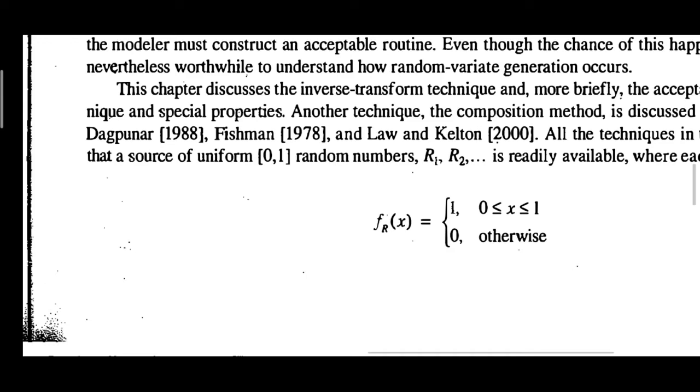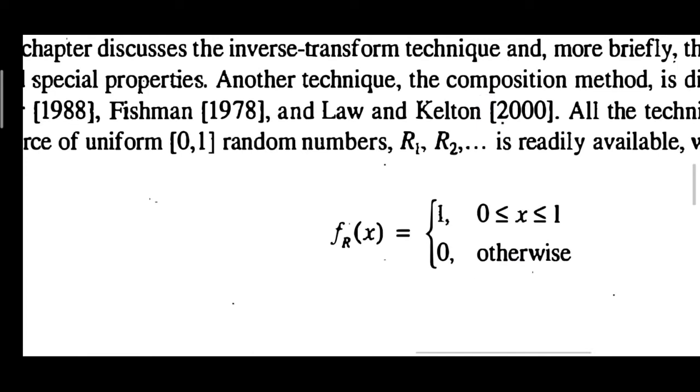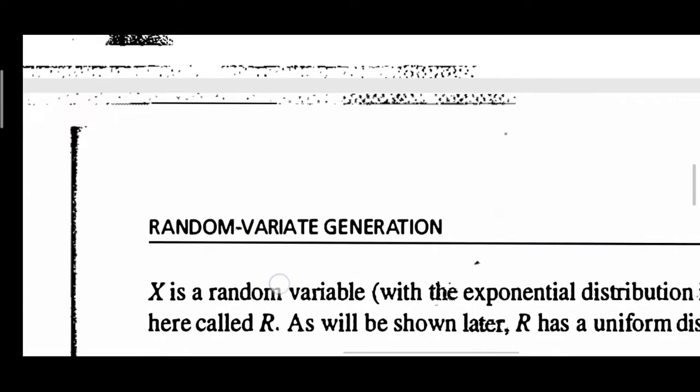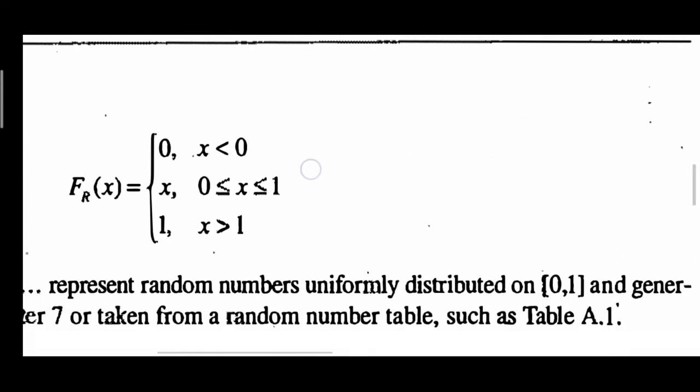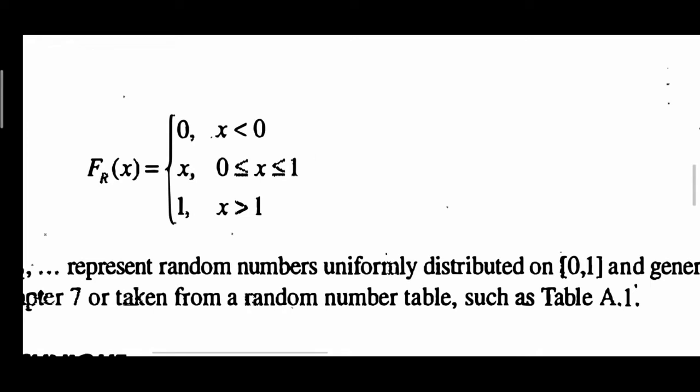If the value of x lies between 0 and 1, then the function value will be equal to 1. Whereas in case of CDF, the cumulative distribution function, the value of the function is x itself if it lies between 0 and 1. If the value of x is less than 0, that is a negative value, the function value will turn out to be 0. Otherwise, it will be 1 if the value of x is greater than 1.